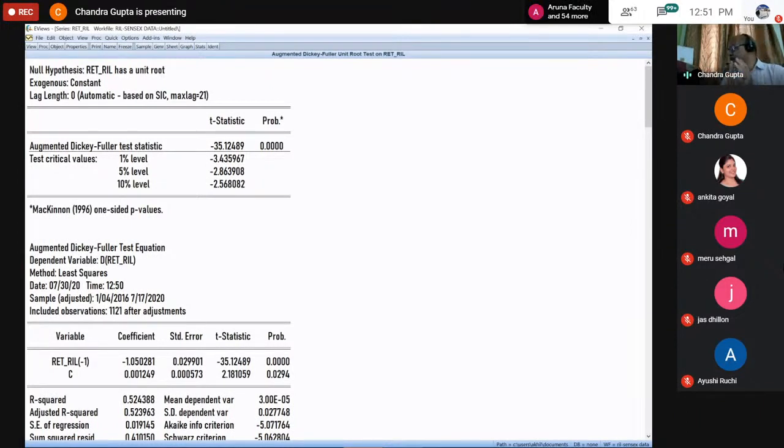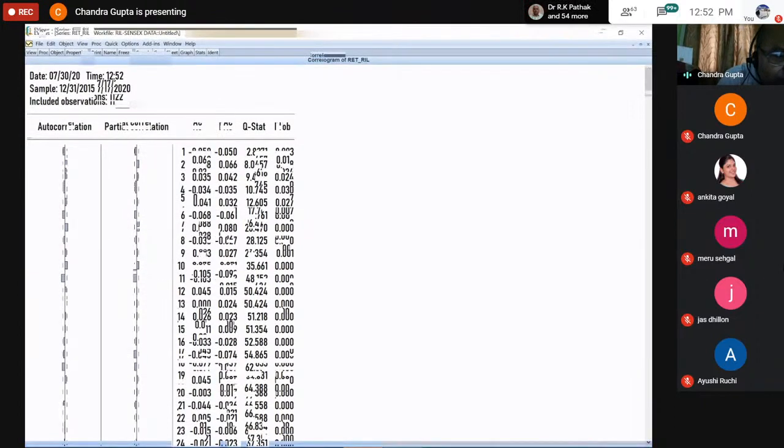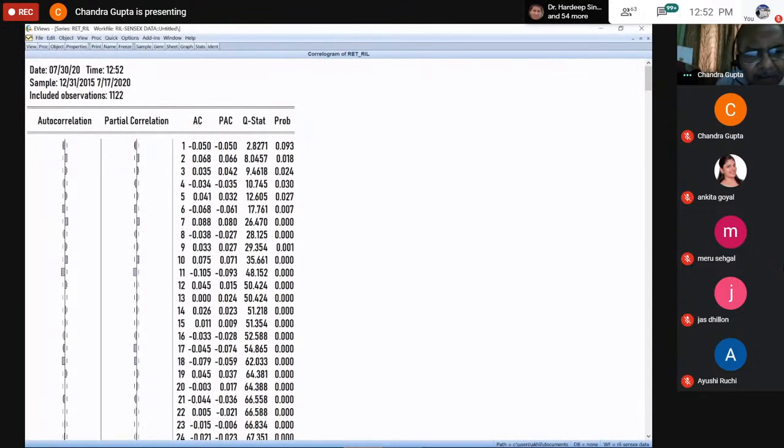Another thing, friends, you must appreciate the behavior of autocorrelation and the stationarity of the time series. If I make a correlogram of this, what you see is that no memory is being carried forward.